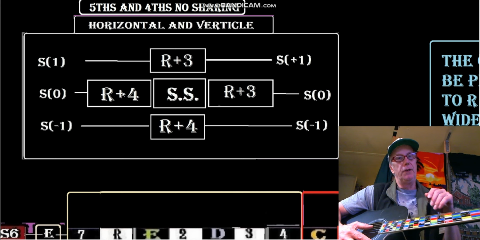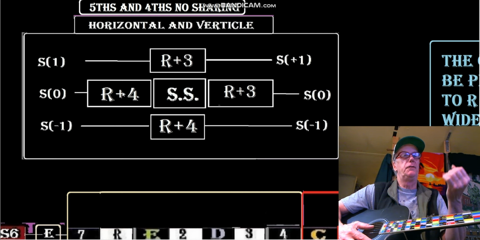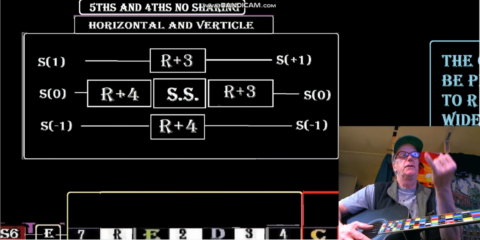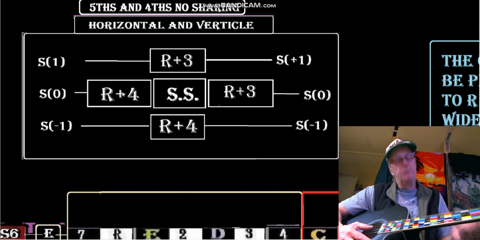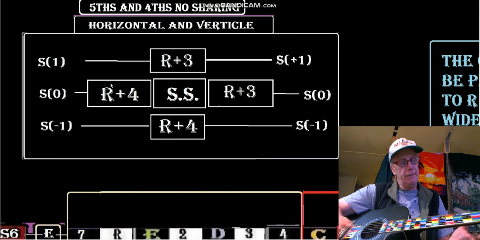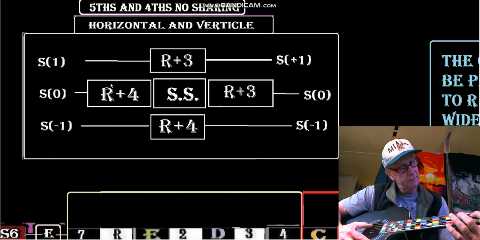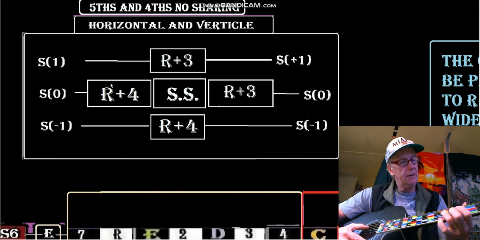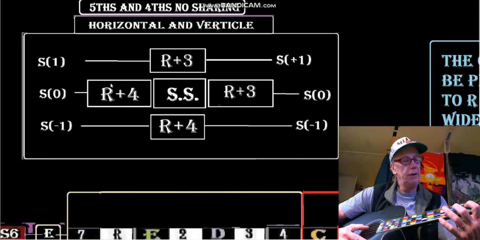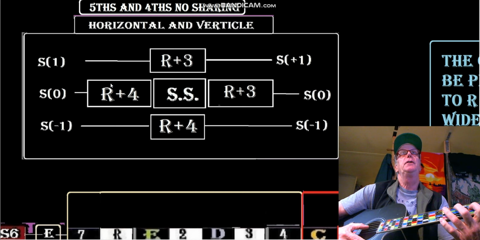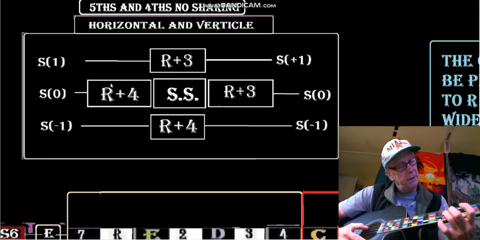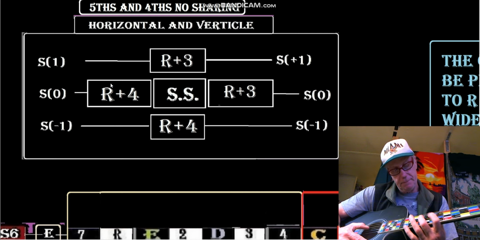So it's root plus 4, 5, 6, 7, root 2. The string shape below this starts on the 2 down here. That's your Dorian. Isn't it the 5th of the string shape that we're on?